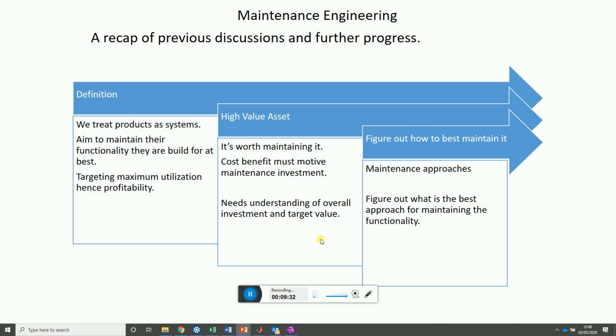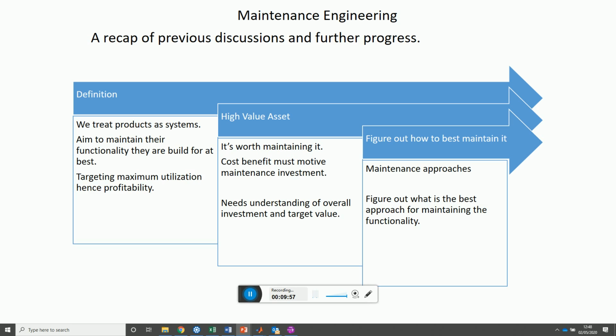It has to be worth the investment to maintain that system. So in essence, as engineers, we have systems. Systems have functionalities that we want to keep at their best so that we can have maximum utilization and profitability.